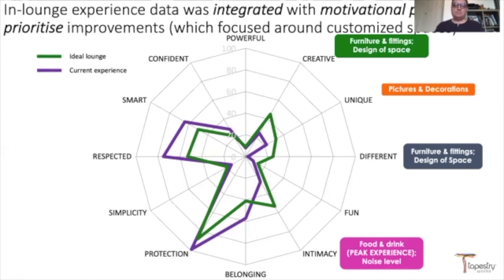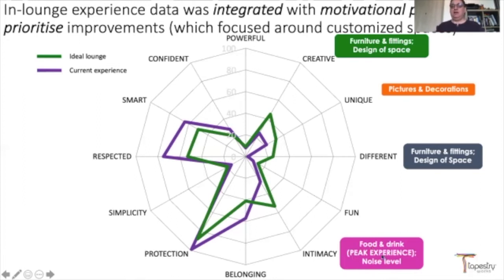And in the area of intimacy, there were two issues. One was ambient noise, where there were a few things they could do in terms of design, but also the need for more customized food and beverage, a more individual choice.